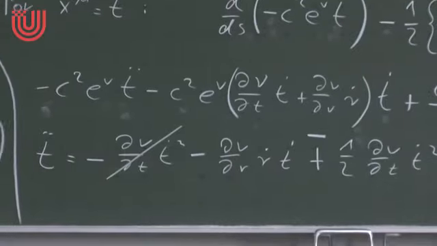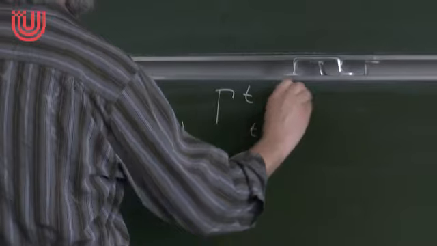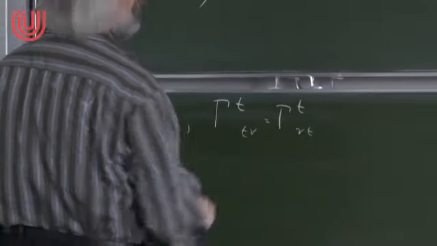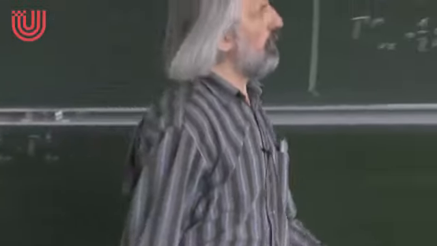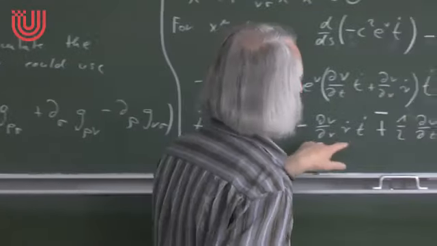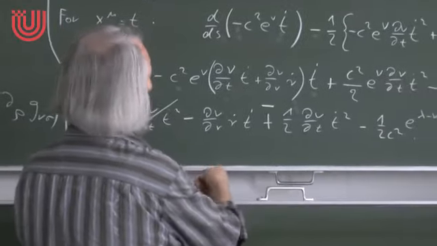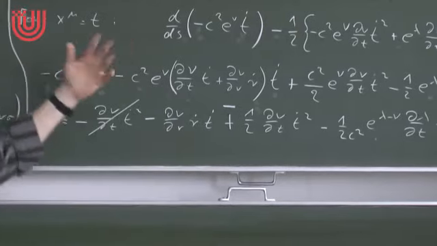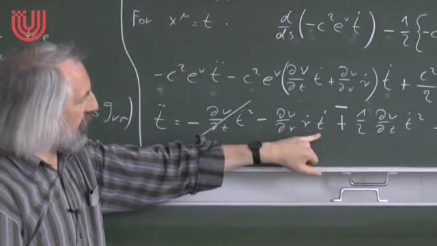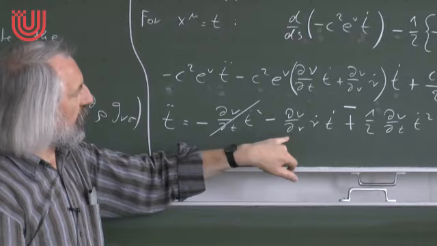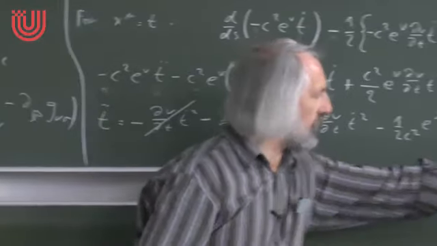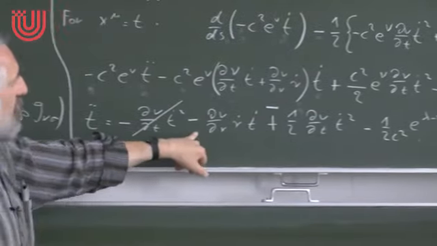And this here gives me the Γ^t_{tr}, which is the same as Γ^t_{rt}. And this is because I have to symmetrize this. I have to write this as 1/2 times the term with r-dot t-dot plus t-dot r-dot. So with one index combination, I get this with a factor 1/2.